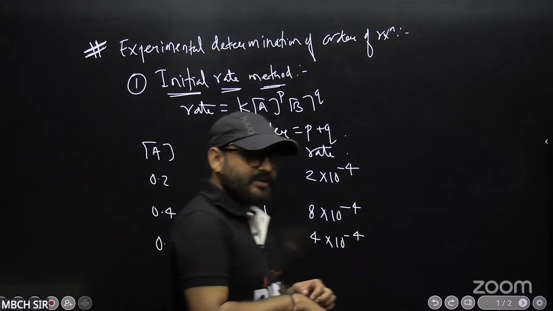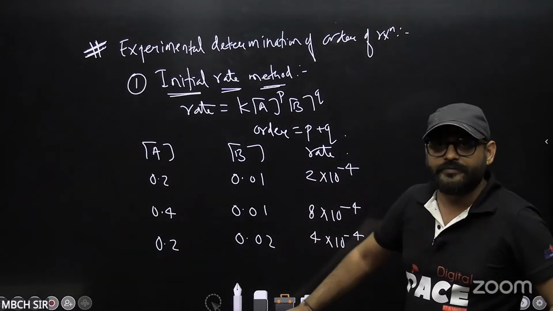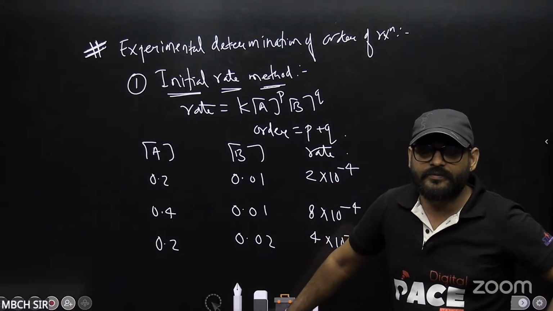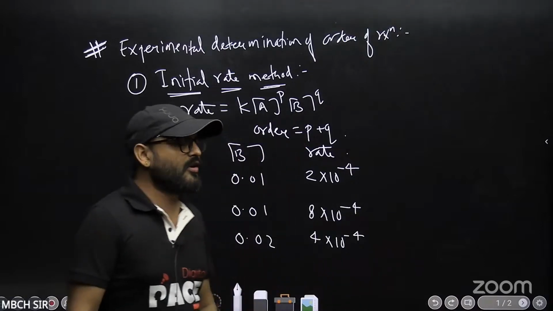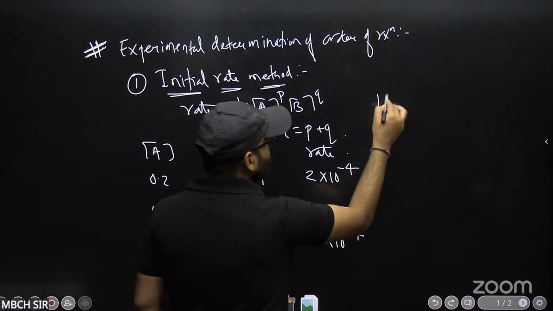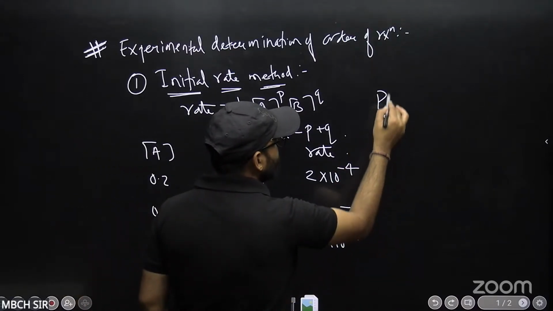With the help of these data, can you predict the order of reaction just by yourself? You have to find the p value and then the q value, then add these two values.